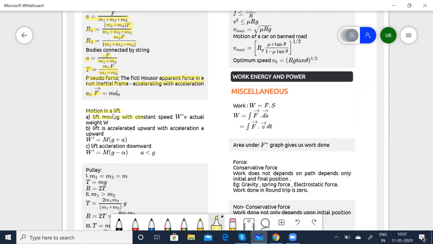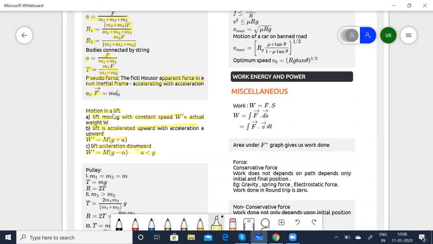If the lift is moving with constant velocity, constant speed, then W dash is equal to the actual weight W. If the lift is accelerated upwards, the acceleration is also upwards, so W dash is equal to m times (g plus a). If the lift is accelerated downwards, then W dash is equal to m times (g minus a), where a is less than g. Remember this.